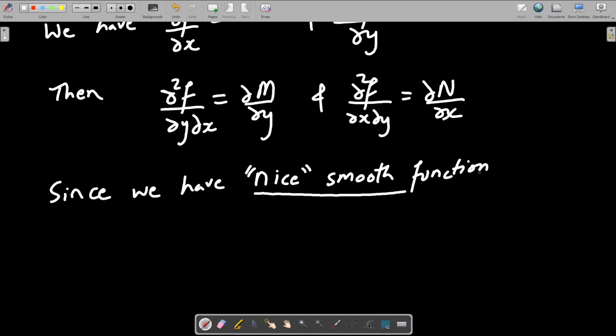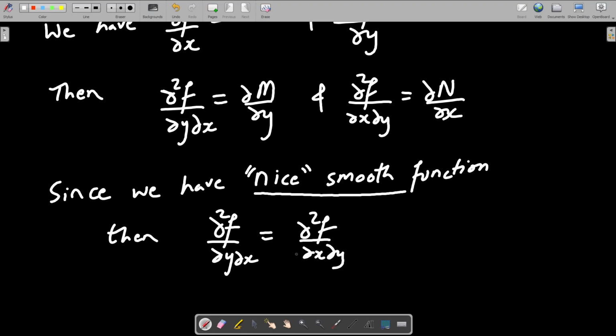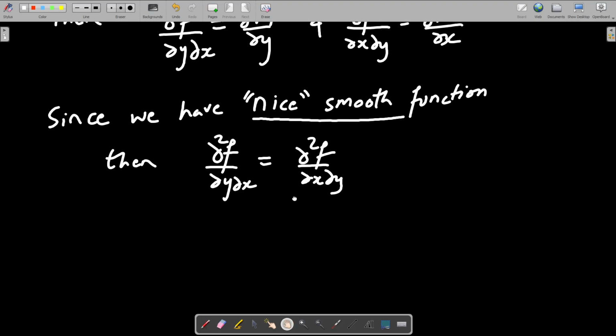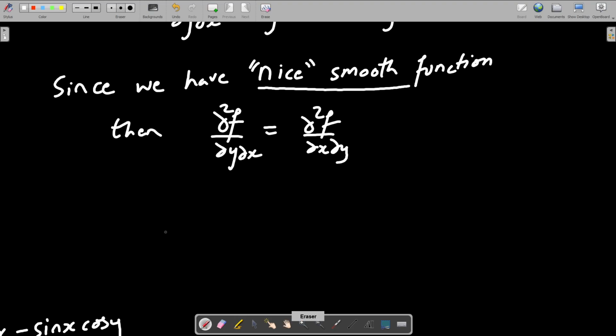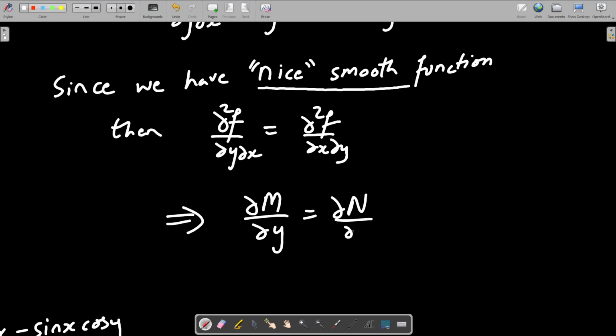So dou square f by dou y dou x should be equal to dou square f by dou x dou y. This implies that dou m by dou y is equal to dou n by dou x.